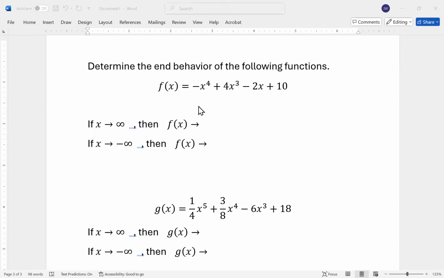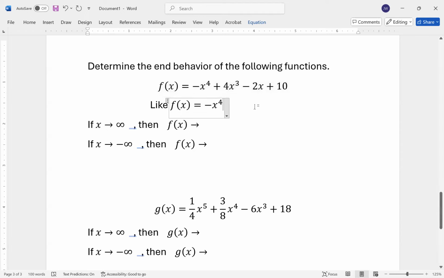Let's do these two. So the degree of this polynomial function is 4. The lead coefficient is -1. So I basically say the end behavior is like f of x equals -x to the 4th.